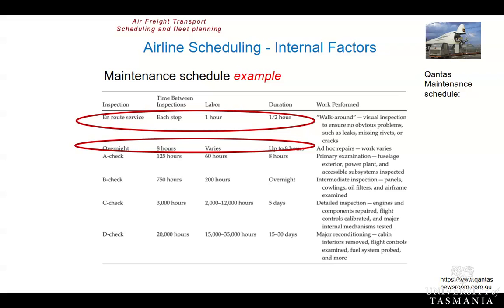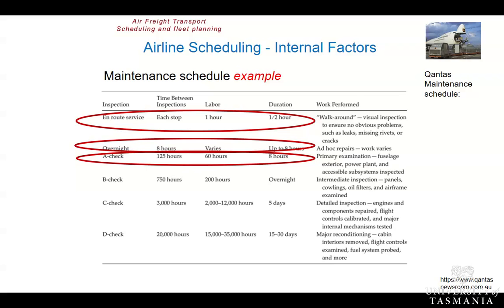Second thing, that every overnight time that aircraft is at an airport, it's inspected for any ad hoc repairs. And that could take up to 8 hours. So that period overnight is taken up by that maintenance. Now, the first major check, if you like, for an aircraft is called an A check, and that's after 125 hours of service.